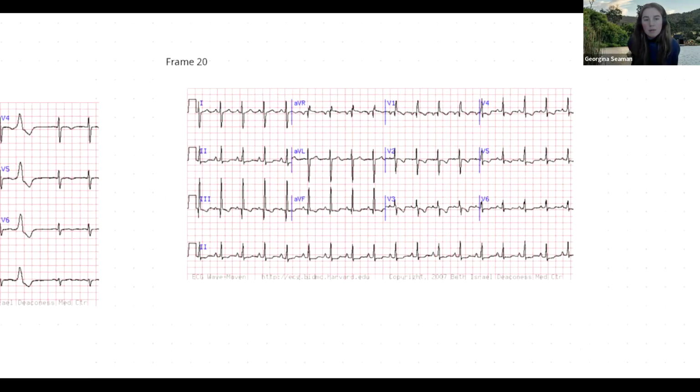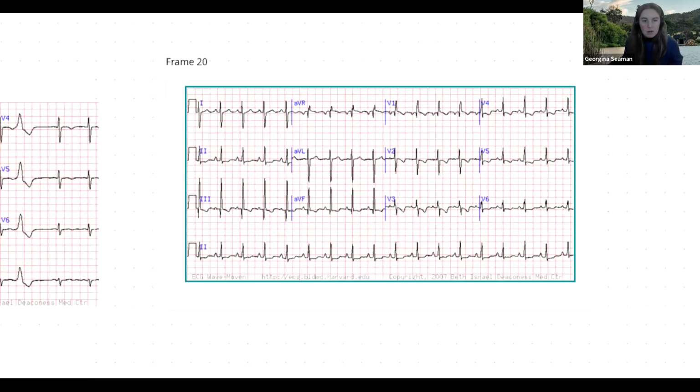So apart from lead 3, what else have we noticed? What do we notice about 1 and AVL? Very kind of half-half as well. Half. Yep. 1 is more negative than positive. Yep. As is AVL.